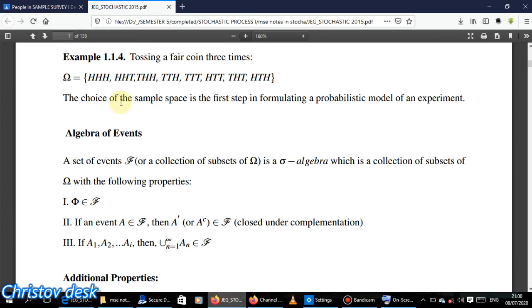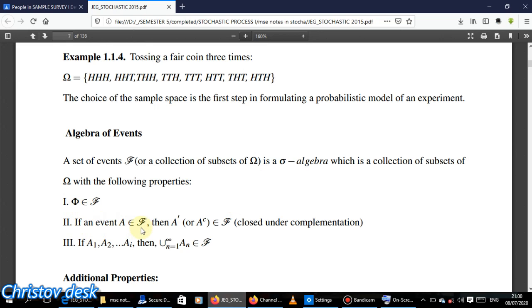If you say it's a subset of omega, obviously the first subset of every set is the empty set. So if you are trying to collect various events into a set, and we are calling it a sigma algebra, then it means the empty set would surely be there.